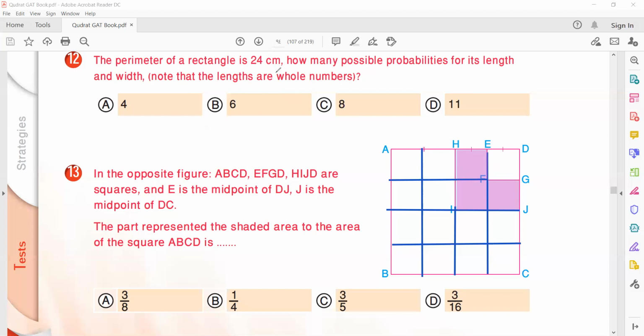I have 3 parts. So I put 3 parts from all things. When you calculate, it is 16. Then the shaded part area is 3/16. So the answer is number D.